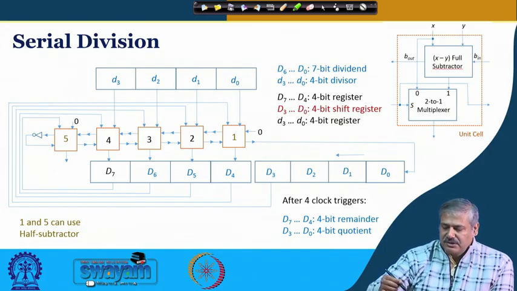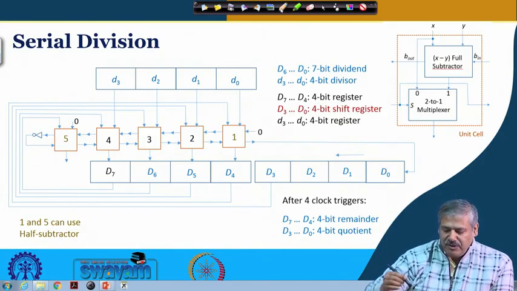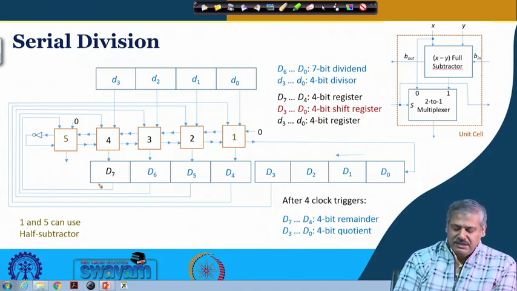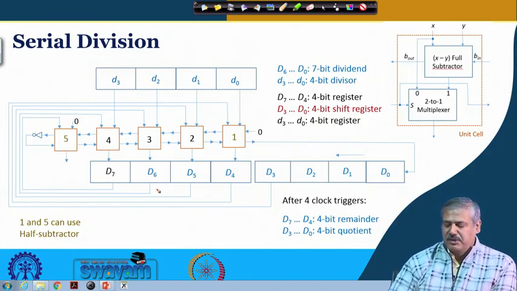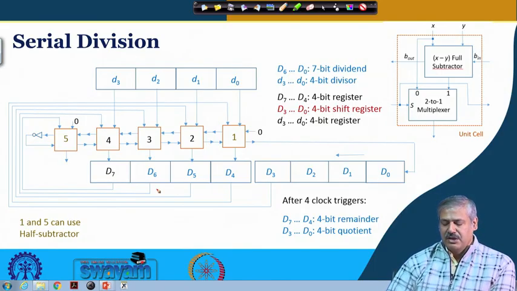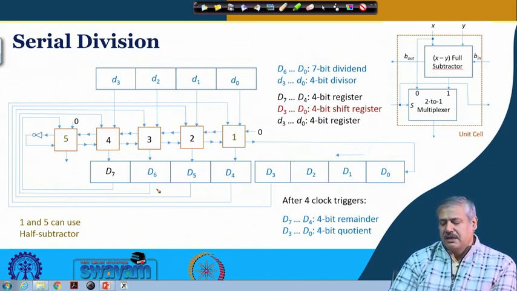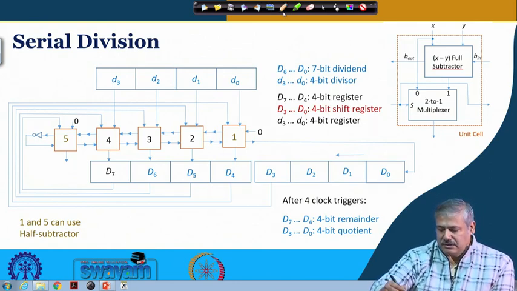So first of all, you can see this D0 to D6 that was there. In addition, there is another bit we have put. So it is an 8 bit register. Out of this 8 bits, basically we are dividing into a 4-bit parallel in parallel out register, and another 4-bit shift register.